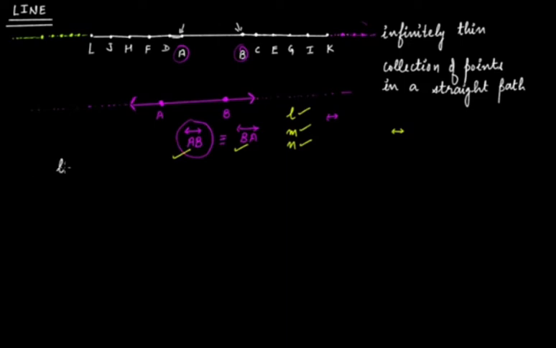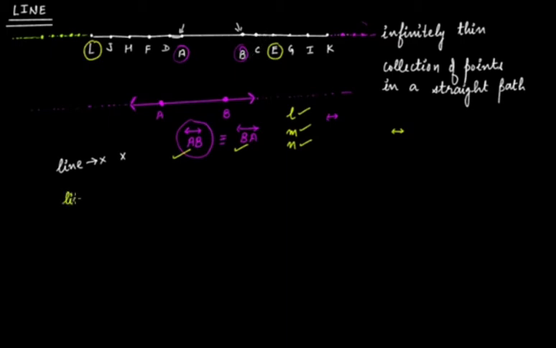A line has no endpoints, either on this side or on this side. But if I take these 2 points, A and B, or even these 2 points, L and E, and someone asks you what's the length of the segment between A and B, or between L and E, that's what a line segment is.